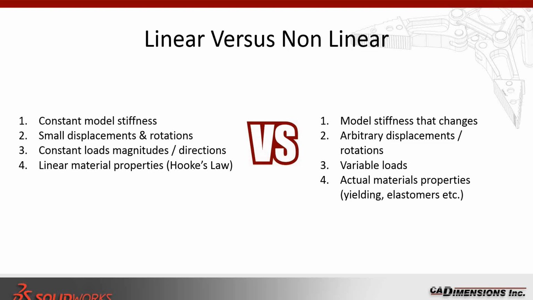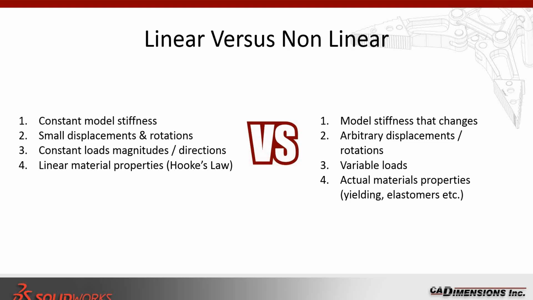Third is the variable load. Now, the reason why variable load cannot be done in linear but can in nonlinear is because of the iterations. Because each iteration is run independently, if the load changes at, say, the third or the fourth iteration, it can account for that without having to simulate the loads from the first and second iteration.